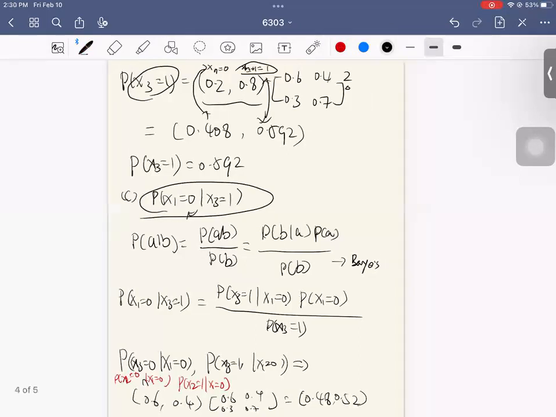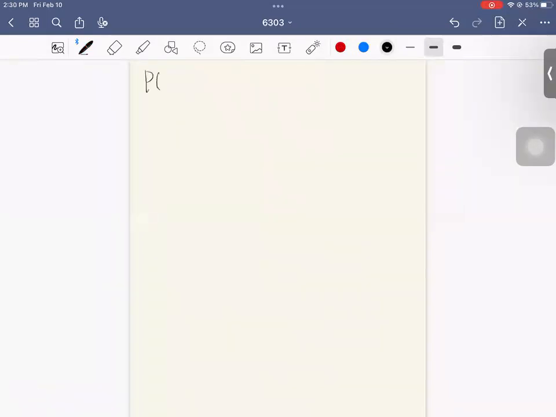So finally, we can calculate this and just plug in those numbers, divided by this number, which is from question B. We calculated this number in question B, so we get this number for question C.